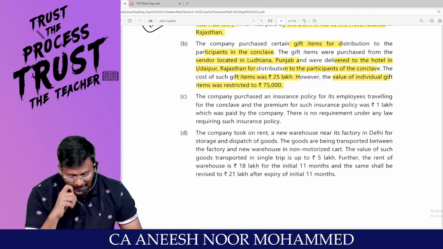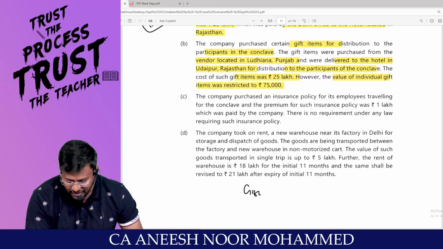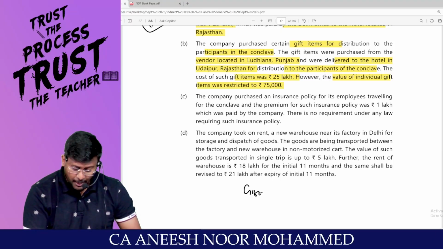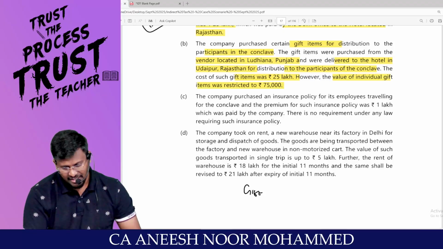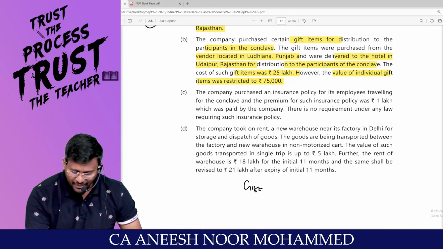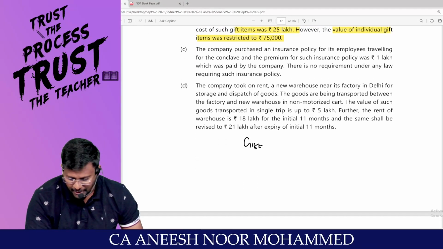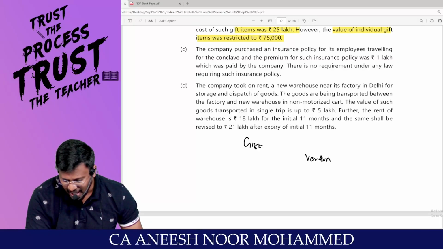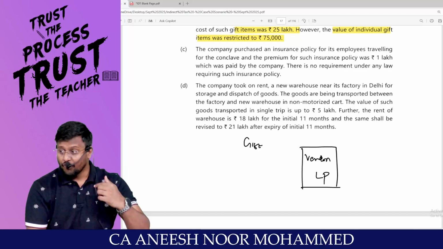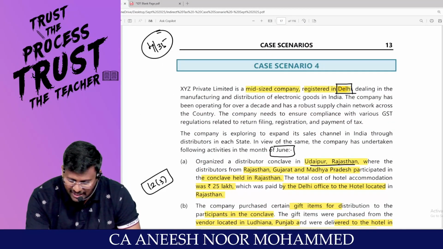Okay. Sir, they are purchasing gifts. From whom are they purchasing the gifts? From the vendor. Where is the vendor? Ludhiana, Punjab. So the vendor is situated in Ludhiana, Punjab. Where am I situated?